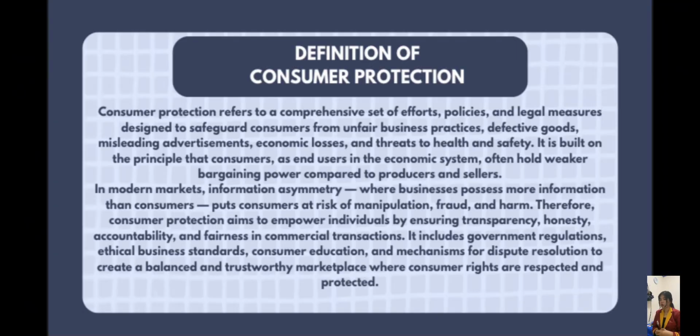Therefore, consumer protection aims to empower individuals by ensuring transparency, honesty, accountability, and fairness in commercial transactions. It includes government regulations to create a balanced and trustworthy marketplace where consumer rights are respected and protected.